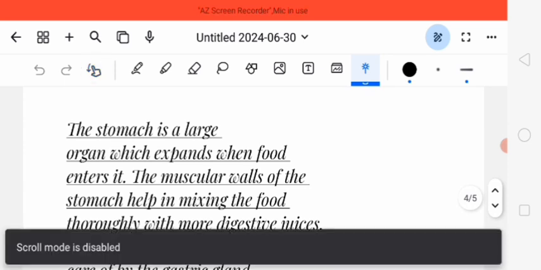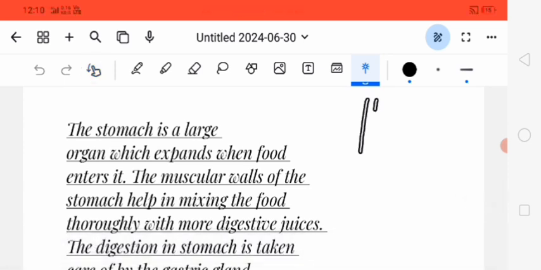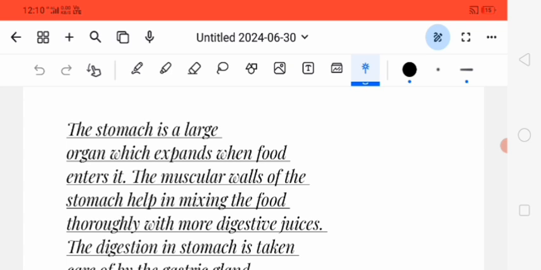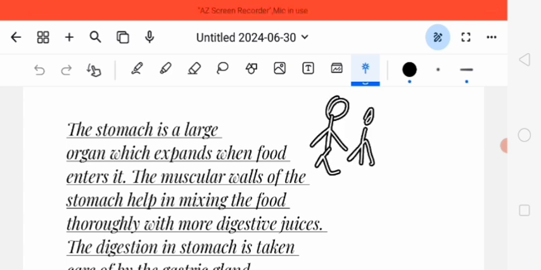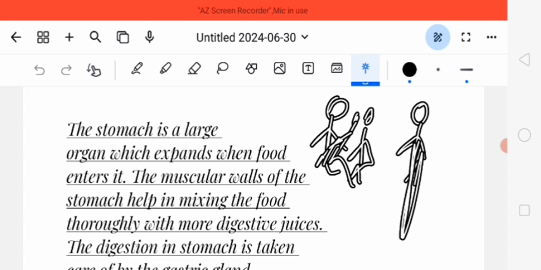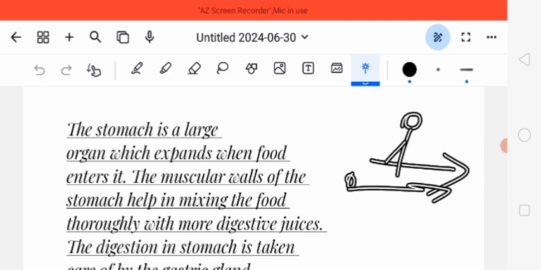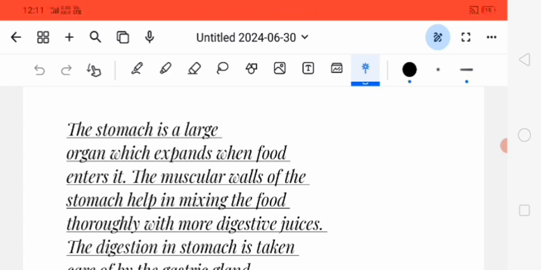After that, this is the esophagus and this is the stomach. There is one sphincter. What is a sphincter? If there is a lot of rush, many people are there, then there should be a person who restricts that only one or two persons can go in, a limited number of people.